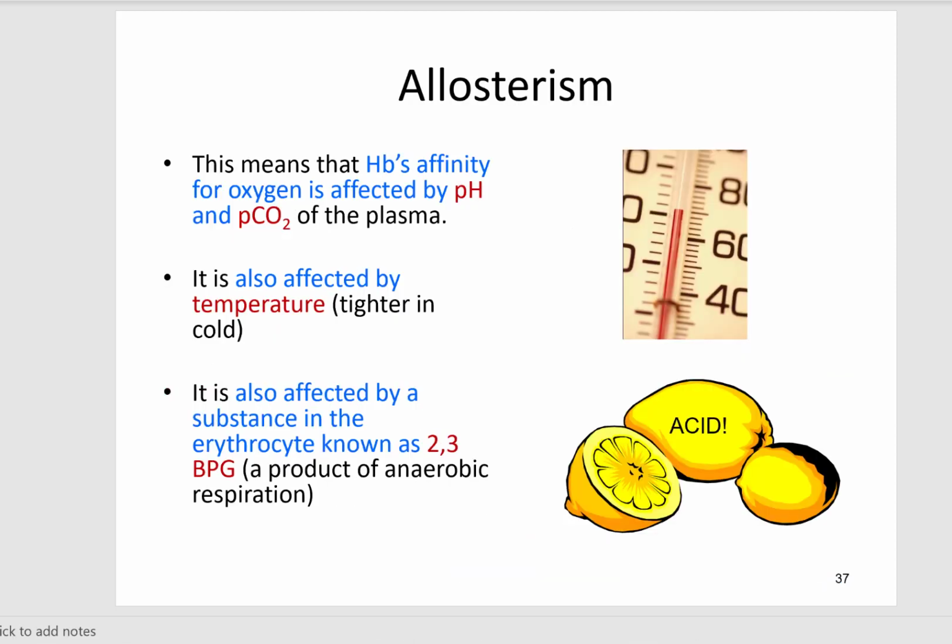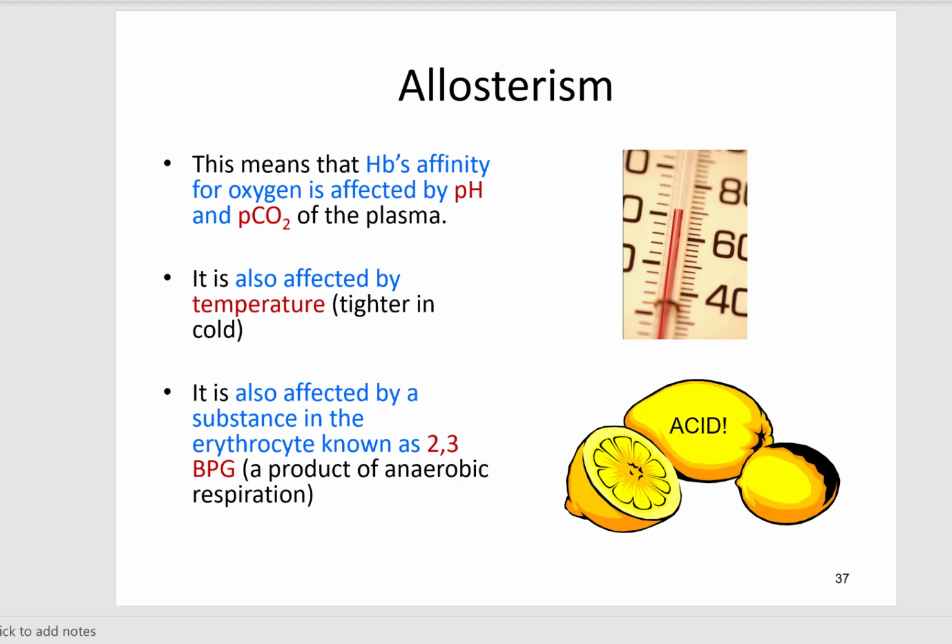Allosteric interactions: changes in one molecule can affect other parts of the same molecule. We're going to see that there are four natural physiological changes that can affect the affinity for hemoglobin, iron in particular, through the globin chains and the histidine residues to bind to oxygen.